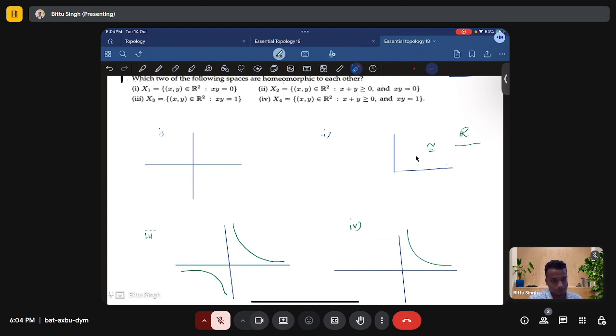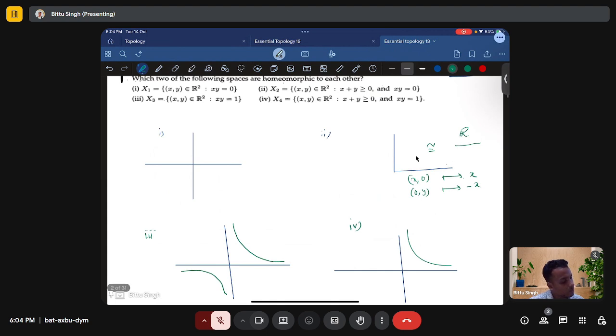This will be the homeomorphism. Explicitly, if we try to write, then (x, 0) is sent to x and (0, y) to minus y. So this will be a homeomorphism.